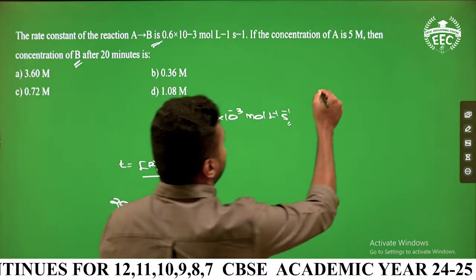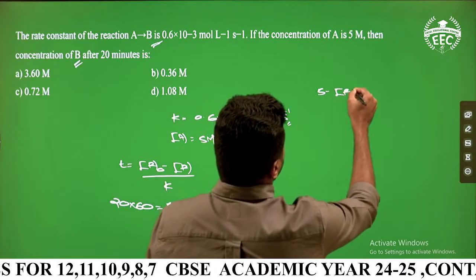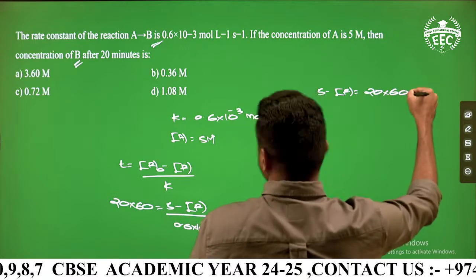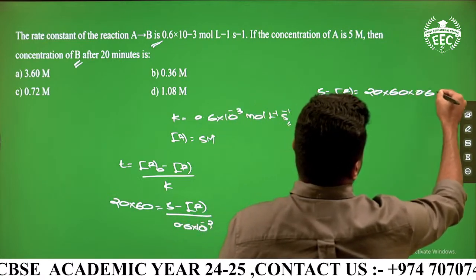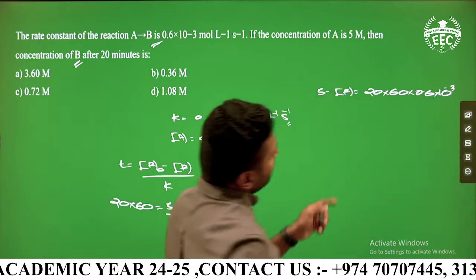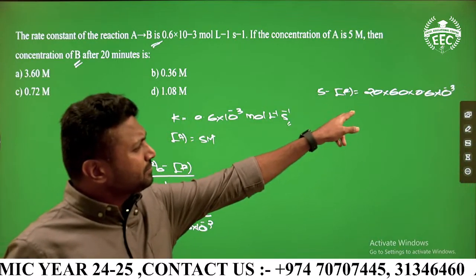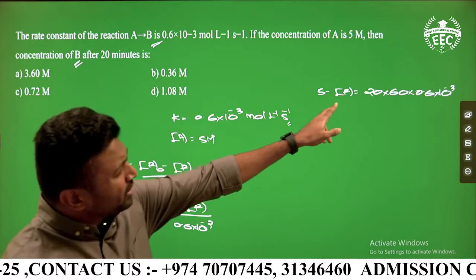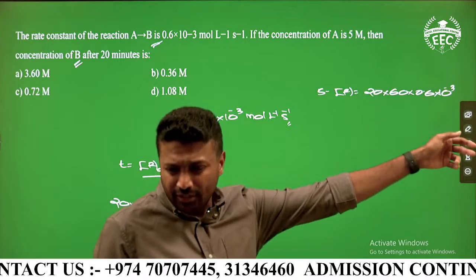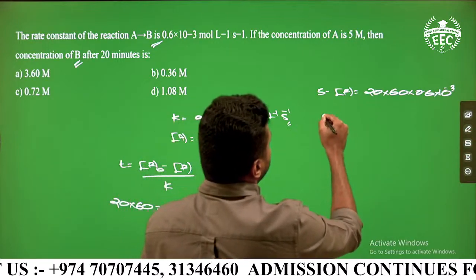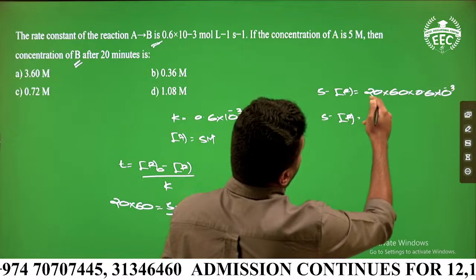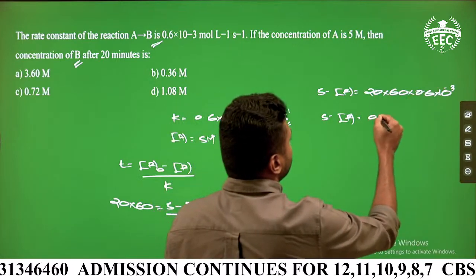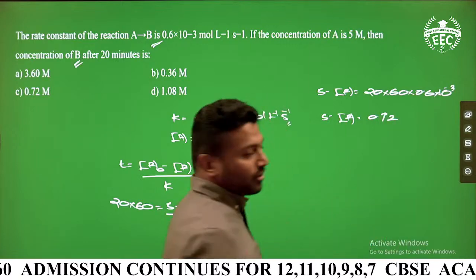So 5 minus R is equal to 20 into 60 into 0.6 into 10 raised to minus 3. 2 into 6 is 12, 12 sixes are 72, so we get 0.72. That's the value of 5 minus concentration of R.